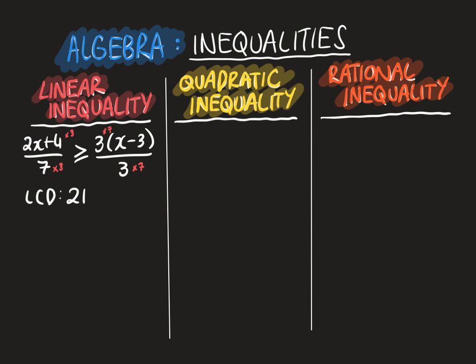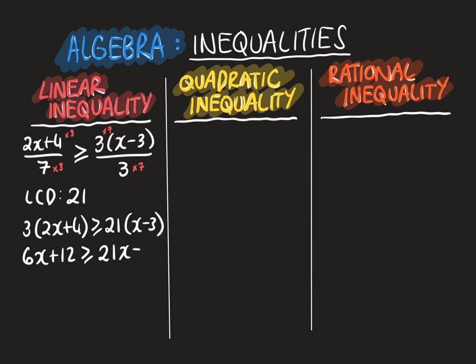So we're going to have 3(2x + 4) is greater than or equal to 7 times 3, which is 21, and we still need to times that 21 into the (x - 3) bracket. We're then going to distribute, so we're going to have 6x + 12 is greater than or equal to 21x - 63.